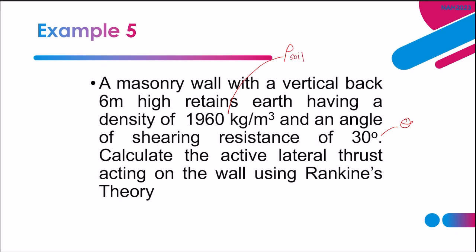Calculate the active lateral thrust acting on the wall using Rankine's theory. Right, so this is what the question gives you, and 6 meter is the height of the wall. And actually, the soil reaches up until the very top of the wall.